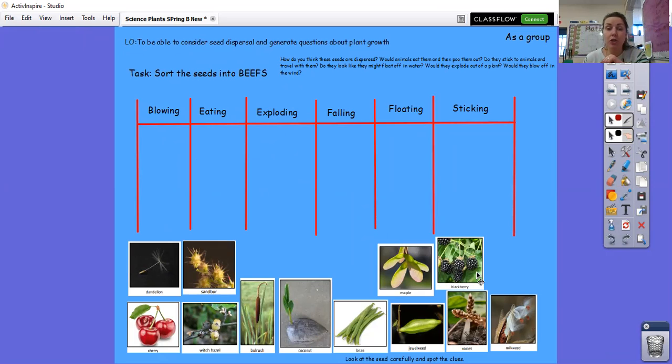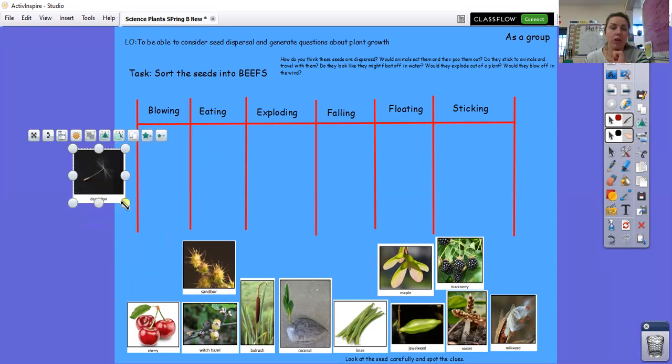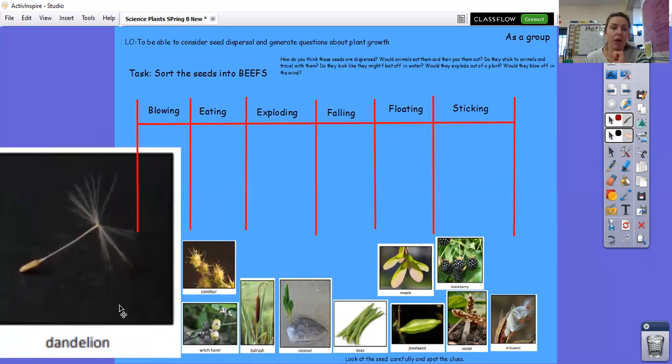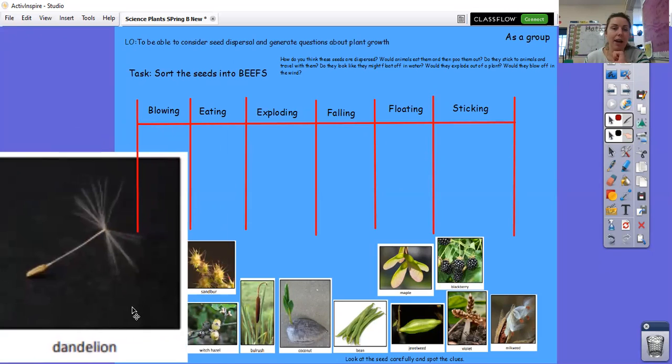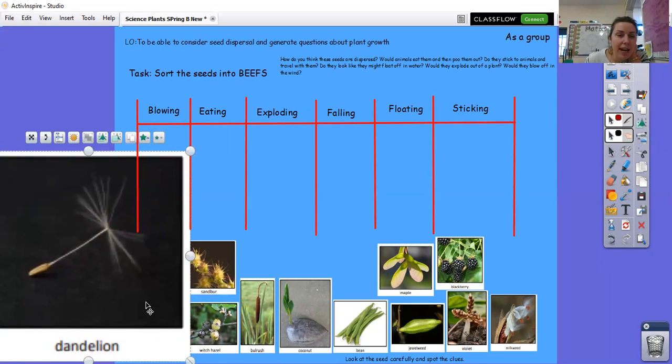So let's do one together. So I'm going to be choosing, I like this one. So I'm going to do the dandelion first. So if I just stretch it out a little bit and we can just have a real close look at it. So this dandelion here looks really fragile, really light. It's got kind of like soft, spiky bits here. It looks a bit like a helicopter maybe.